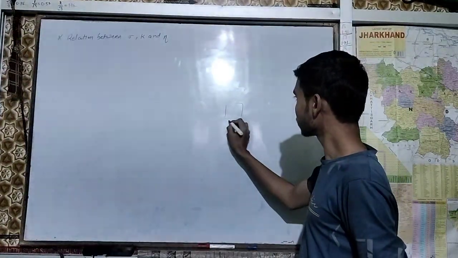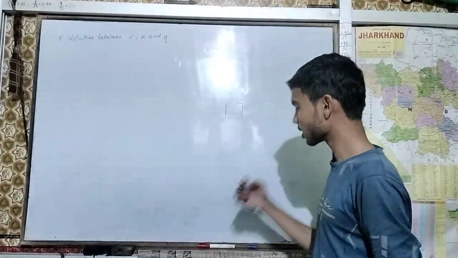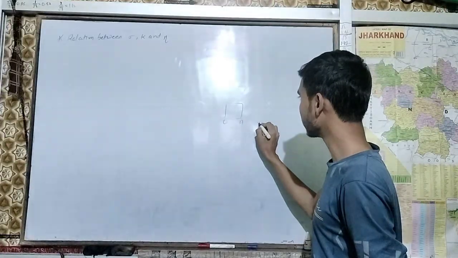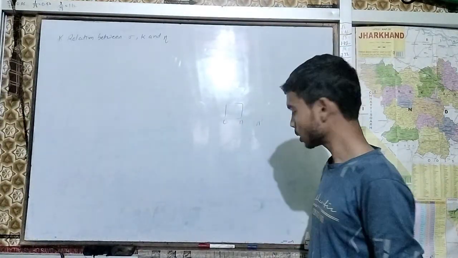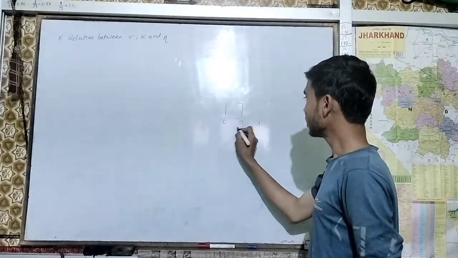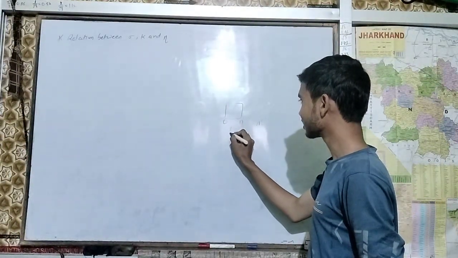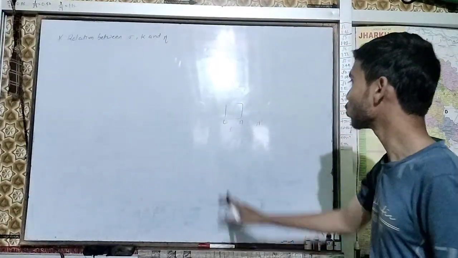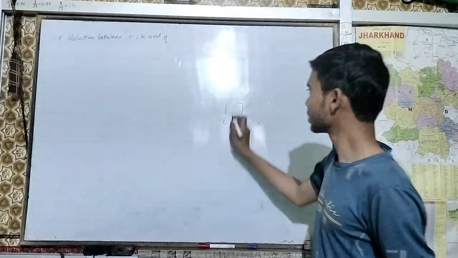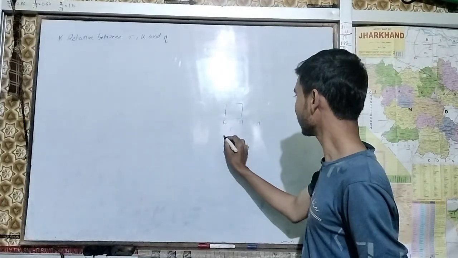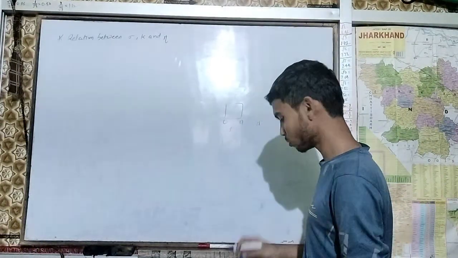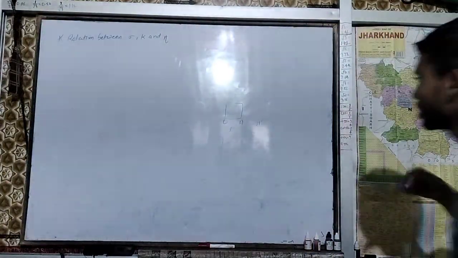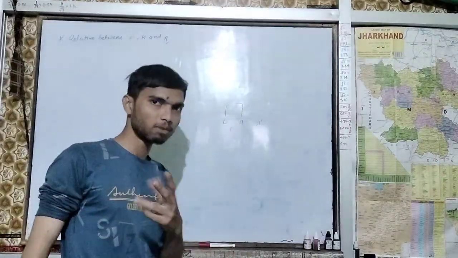Now let's suppose this is O. Hold on, the marker is not working. This is O and this is A and this is A dash. OA, the length of this was 1, as I said. So initially this is 1 cube, and from here till here, try to understand, in this figure you have 2 cubes.